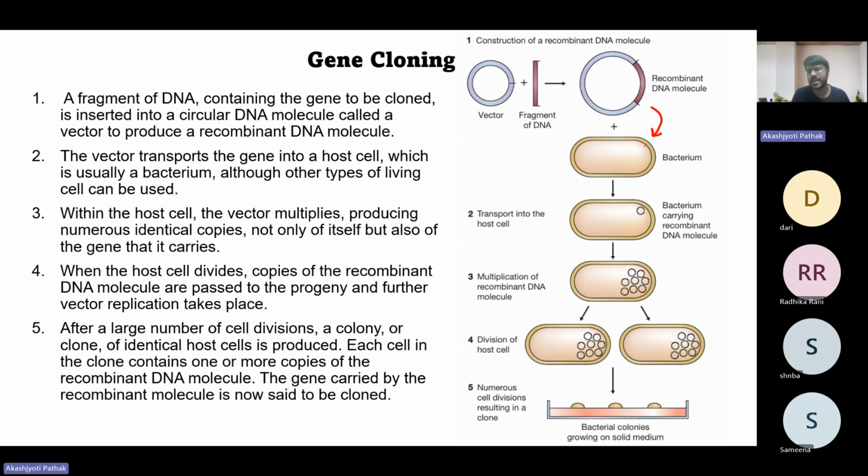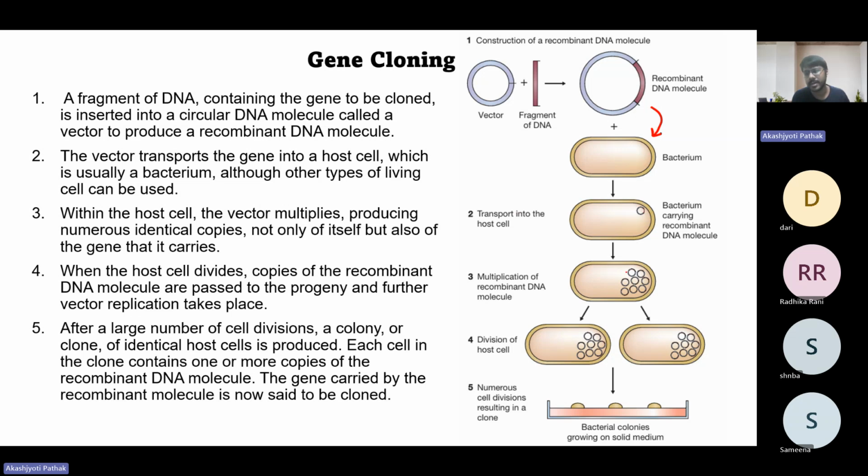In this figure, the host cell is a bacterium. In the second step, the recombinant DNA molecule is transported into the host cell. You see here, the bacterial cell was empty. Now, after transformation, this bacterial cell contains the recombinant DNA plasmid, and then this plasmid will be copied multiple times.